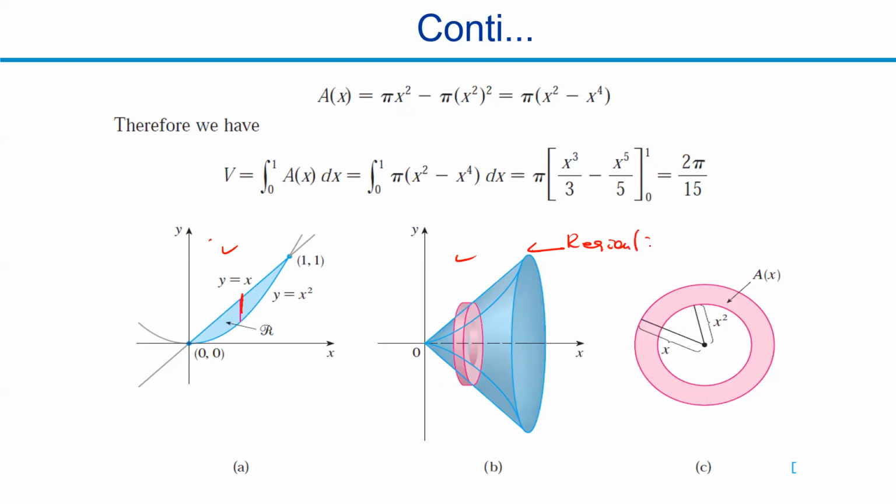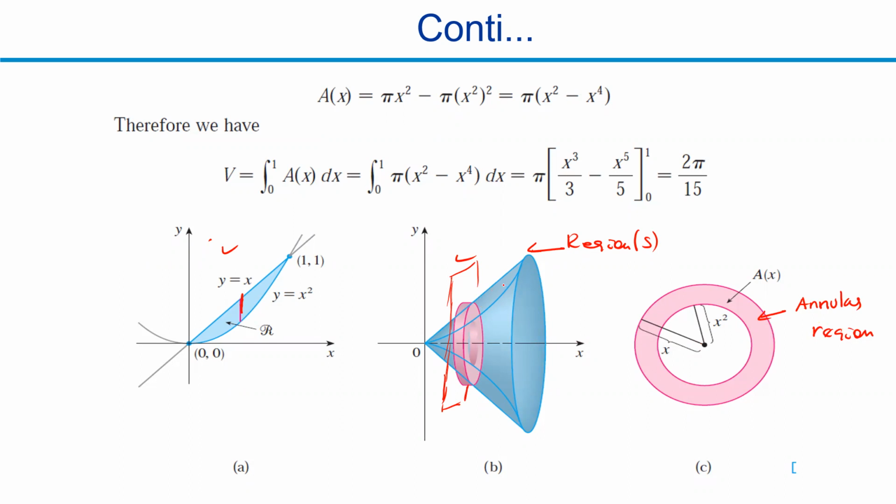And what do you expect if we cut here by a certain plane? What will be the intersection of any plane with this solid region? Definitely you will obtain the annular region. That is the region obtained by cutting this solid region by a plane.